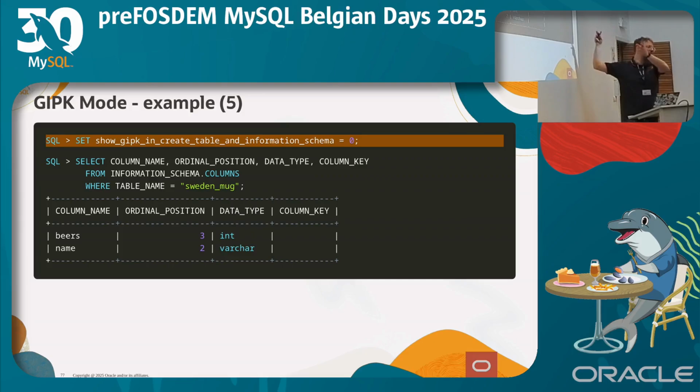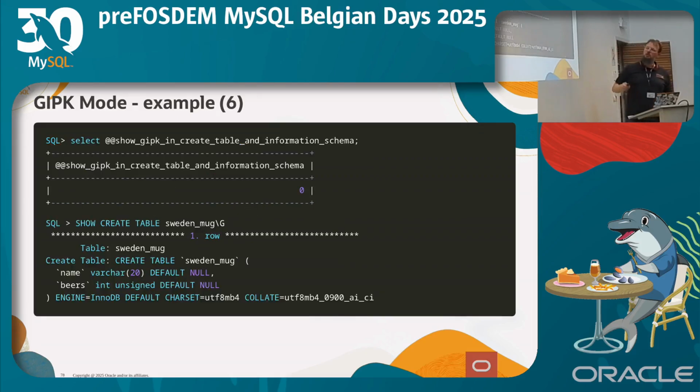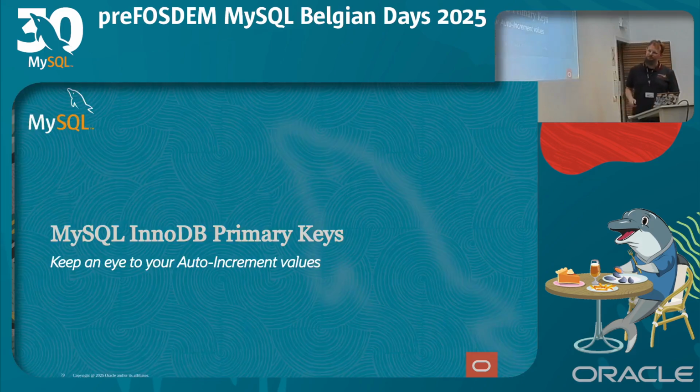Or you play with checking the pages, but I would not recommend that. But you can check it here without having this enabled. You will see it, right? So show create table will show the table. I think you could create a view or something like that to see all the tables that have that. That's possible.